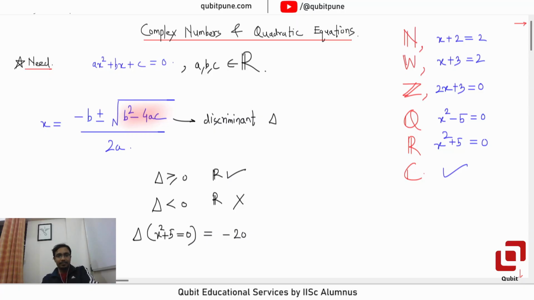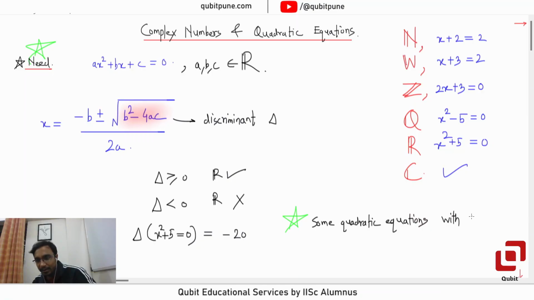The need is that some quadratic equations with real coefficients do not have real roots. Well, I should not say some, infinitely many, but just to put my point, I am making that statement.